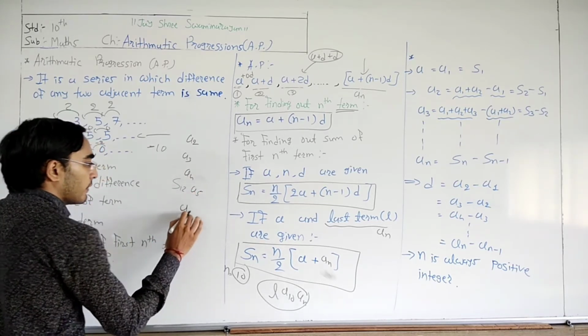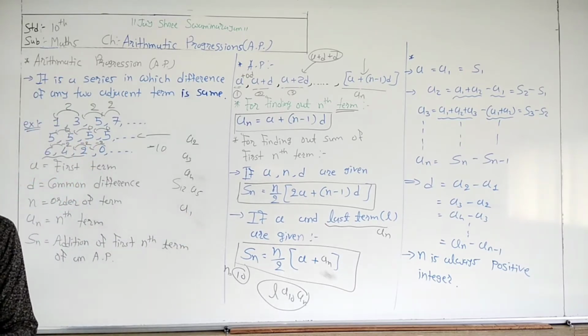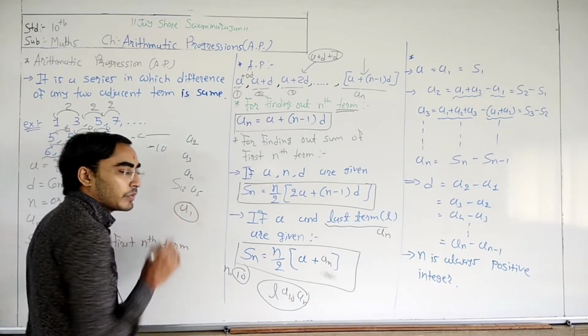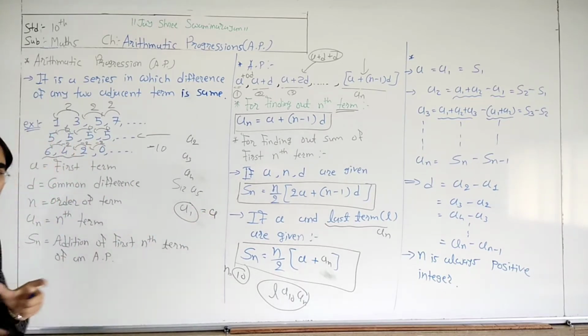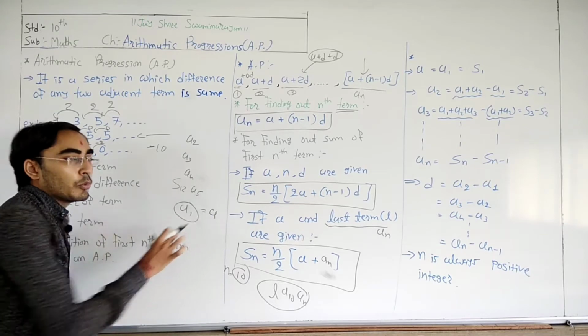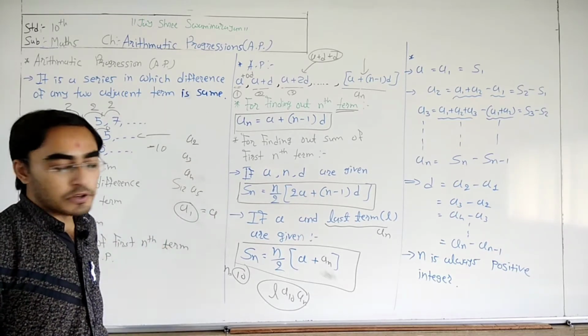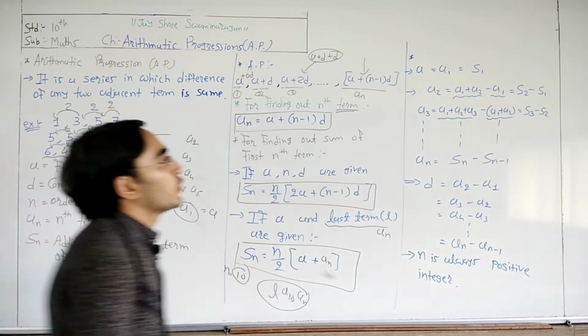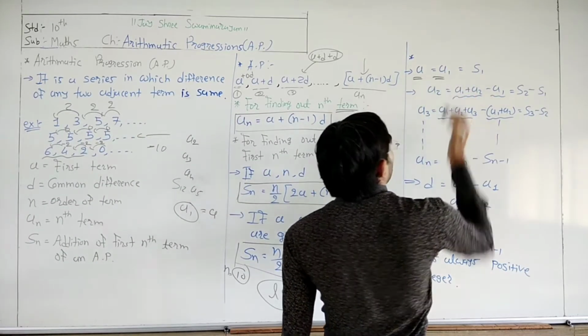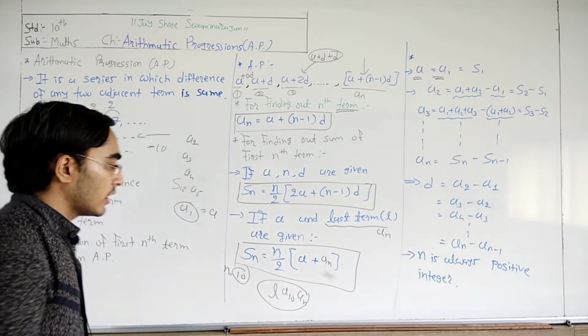So similarly a1 means the first term, right? And the first term is represented by a. That means alternately a and a1 both are equal, because a means the first term and a1 is also the first term.